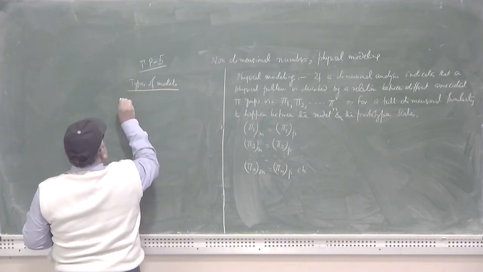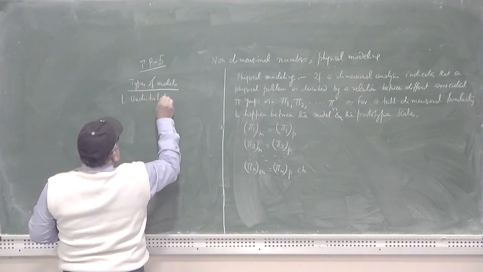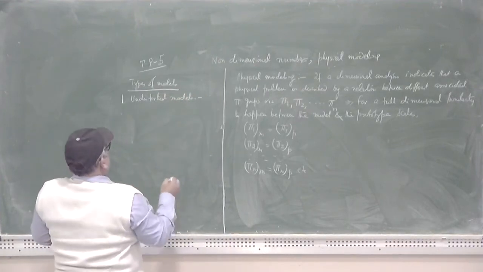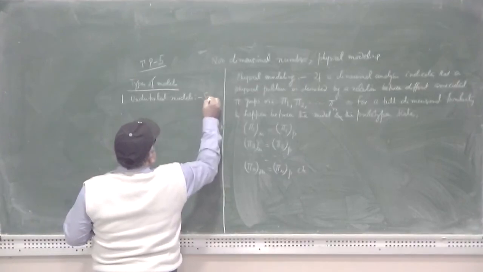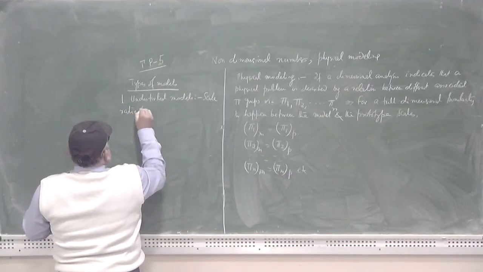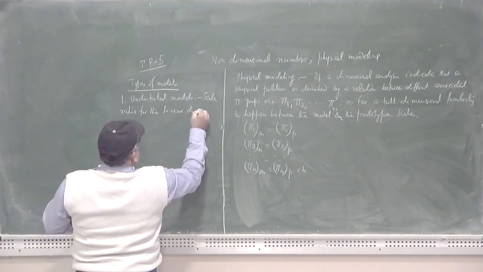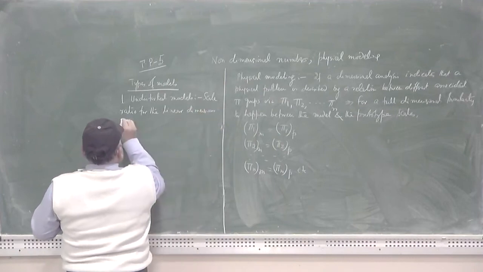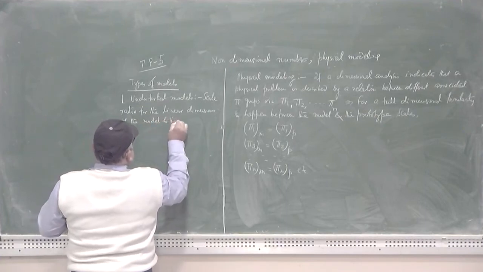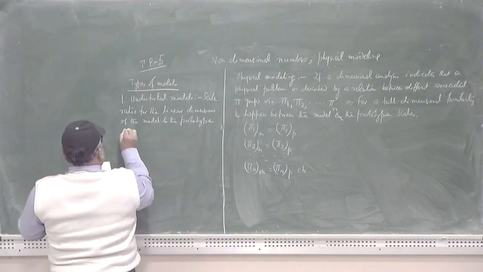Basically, there are two types of model. First is the undistorted models. These undistorted models are defined as those where the scale ratio for the linear dimensions of the model and the prototype are the same.